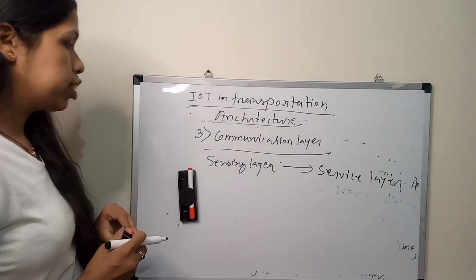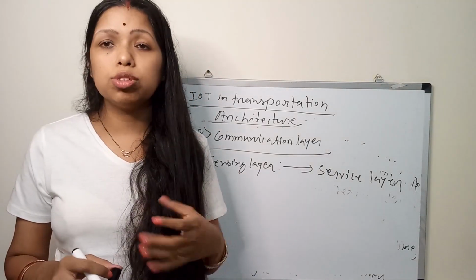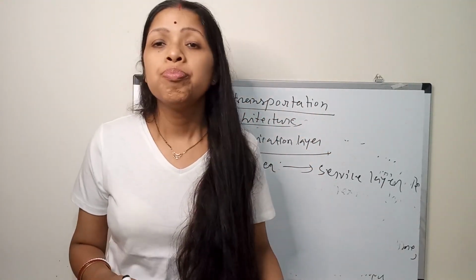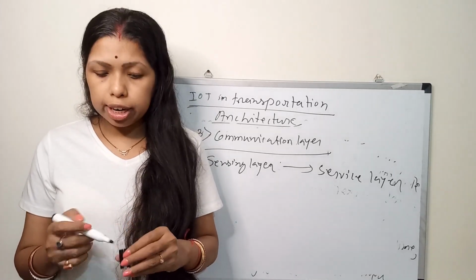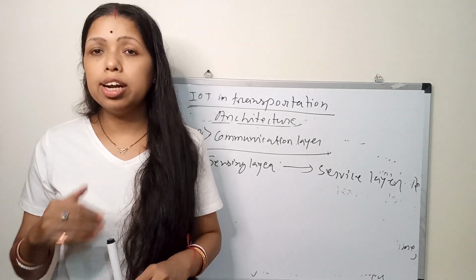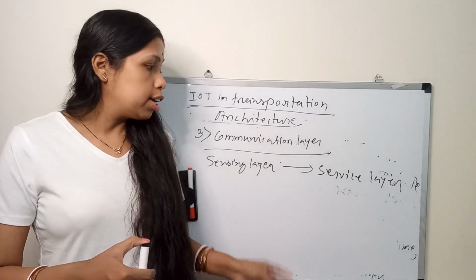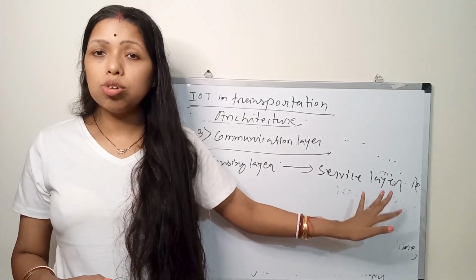The sensor data will be transferred from the sensing layer. Suppose by using the CCTV camera and RFID tag, we can collect parking related data, vehicle related data, road related data, and traffic related data, and those data will be transferred into the service layer, which I will discuss later.